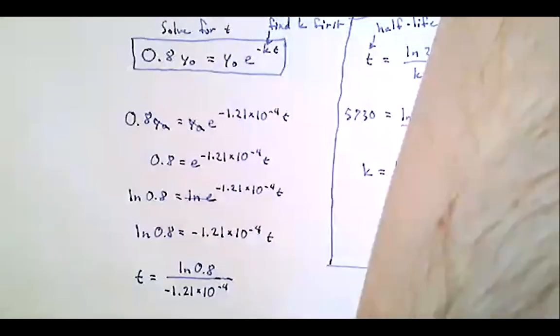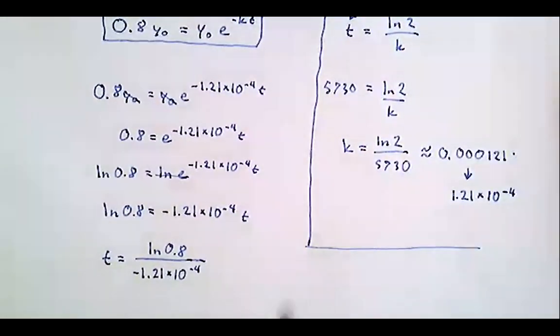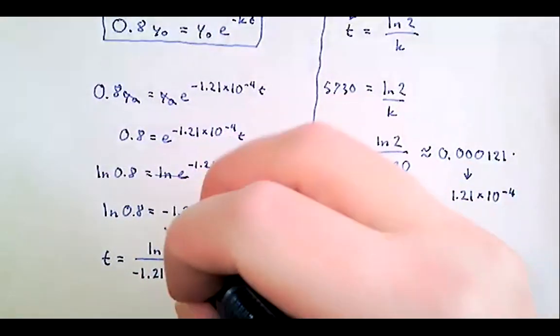Okay, so at this point, you might be a little worried about the minus sign down here, because we're talking about a length of time. We know this is going to be positive, but for some reason I have a minus sign down here. But this is actually going to disappear because this natural logarithm of 0.8 is actually negative.